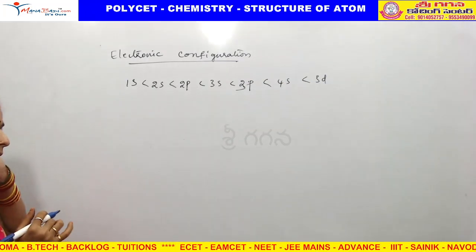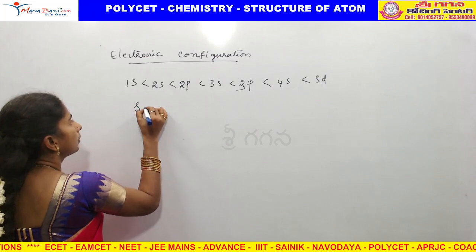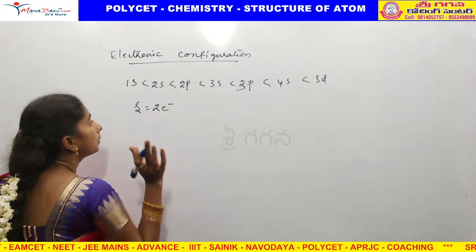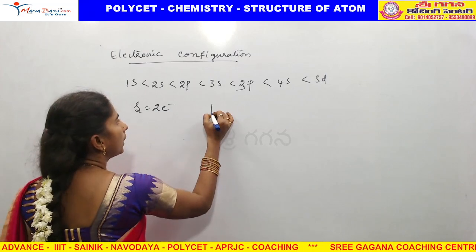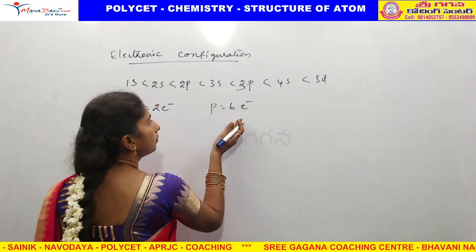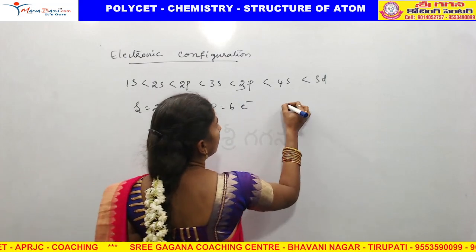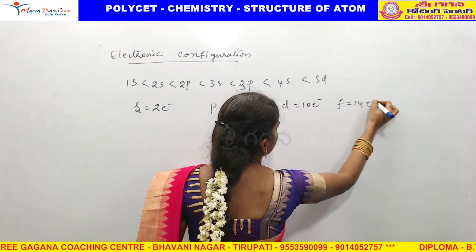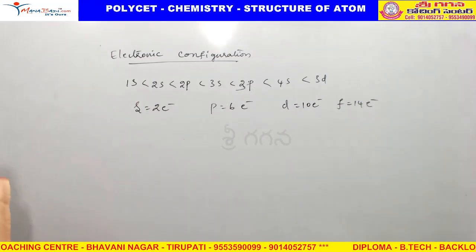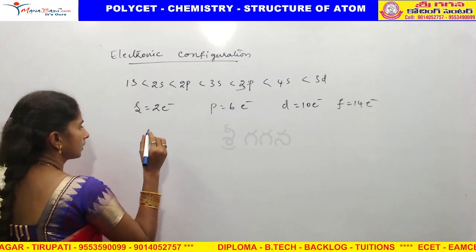If you want to write the electronic configuration, an s orbital can accommodate a maximum of 2 electrons, which means it can even take 1 electron. A p orbital takes up to 6 electrons, below 6 also. A d orbital takes 10 electrons, and an f orbital 14 electrons.